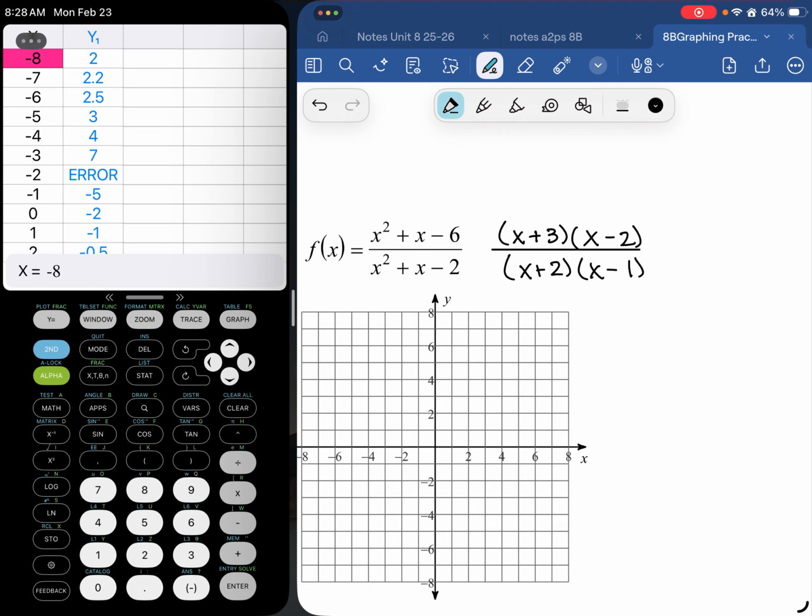And then we're going to look at our vertical asymptotes. So in the denominator, my vertical asymptotes come from x equal to -2 and x equals 1. So I have one here at -2 and a value at 1. Okay.